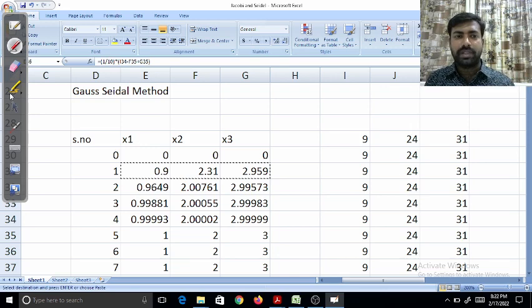If you compare the rate of convergence, Jacobi converges very slowly, Gauss-Seidel converges faster than Jacobi, and SOR converges much faster than Gauss-Seidel. These are the three iterative methods we use to find the solution of a system of linear equations.